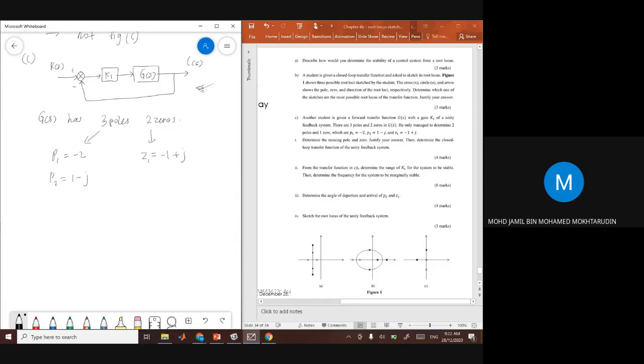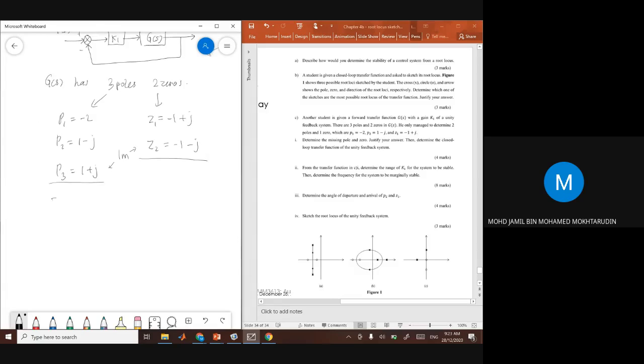So the missing pole and zero, P3 is 1 plus j, and Z2 is -1 minus j. If you manage to get P3 and Z2 here, you get 1 mark.